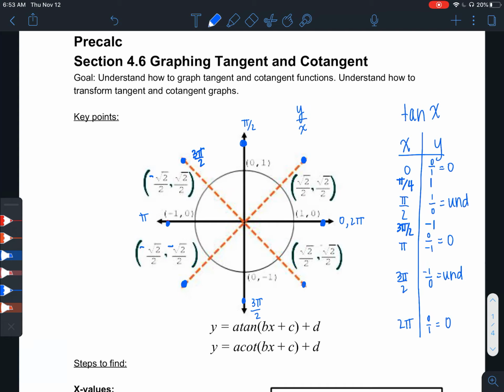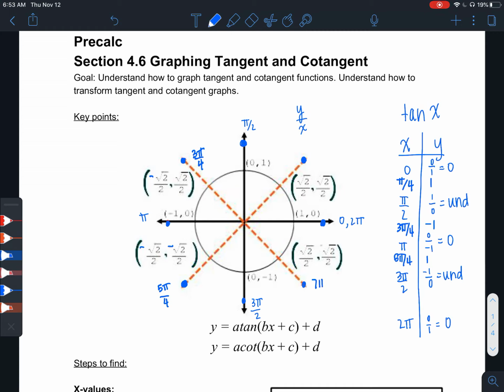Tangent is positive in the third quadrant, so at 5 pi over 4, oh, this is supposed to be over 4, darn it. So 3 pi over 4, change that value. So at 5 pi over 4, we have positive 1, because negative over negative is positive.